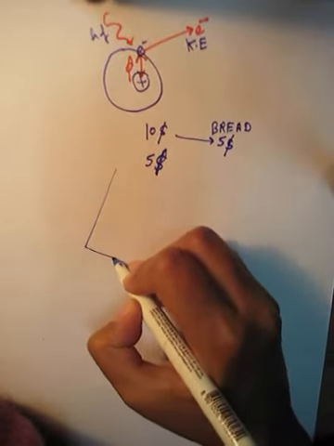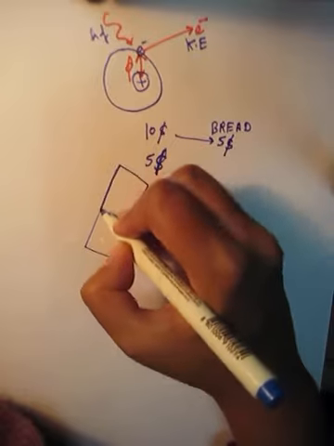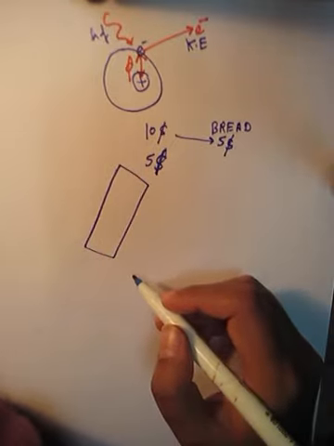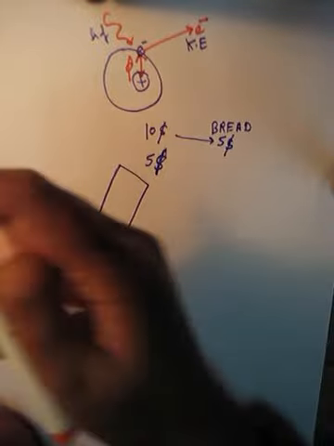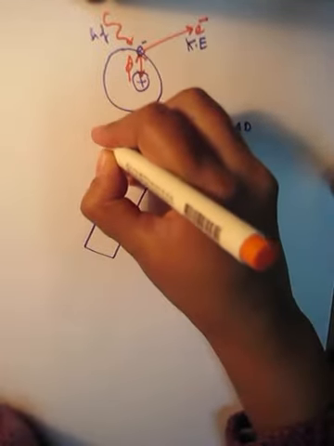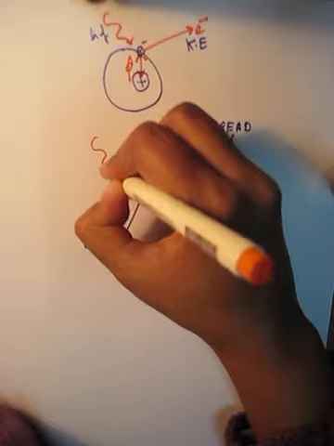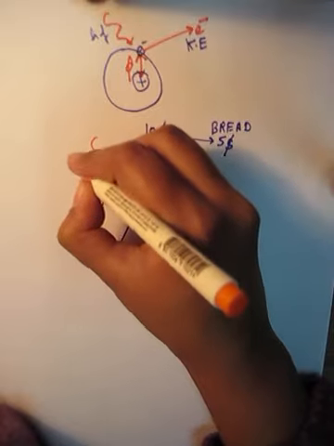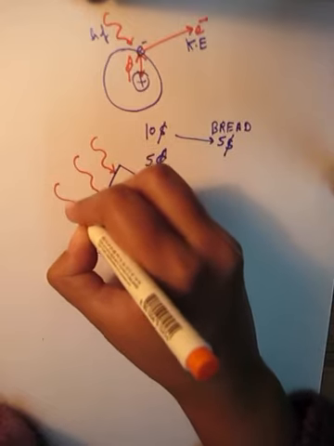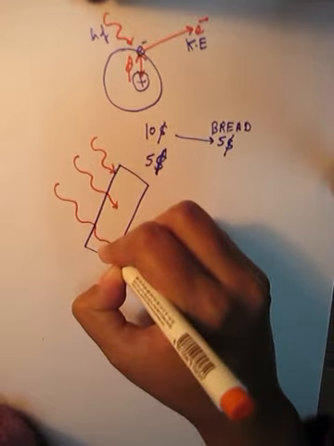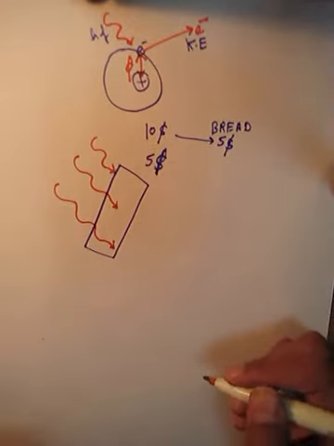So now let's say that you have a material, a metal, and photons are falling on it. Let's say a photon is falling on the surface, and then there's another photon which is falling here, and then another photon which is falling here.